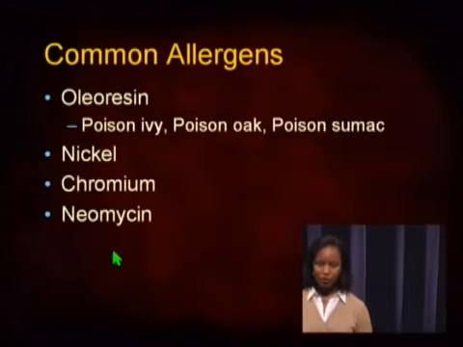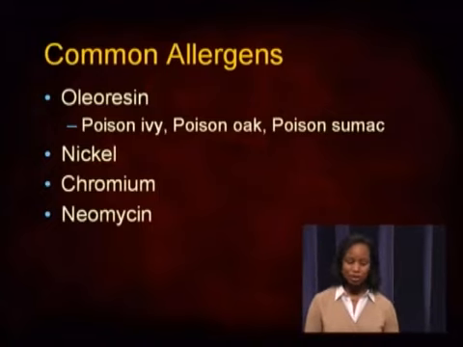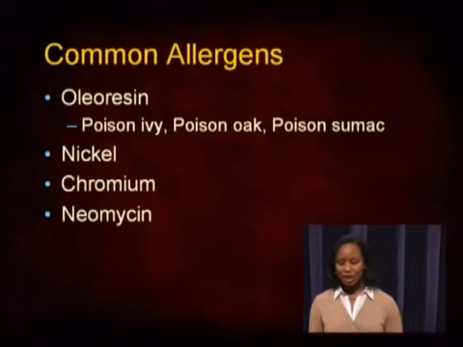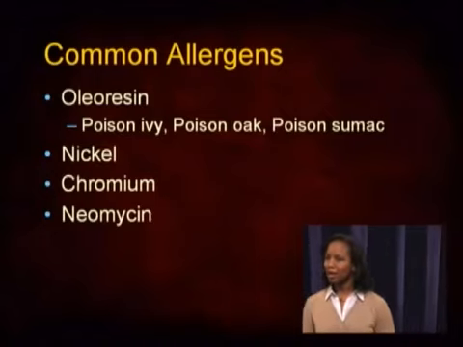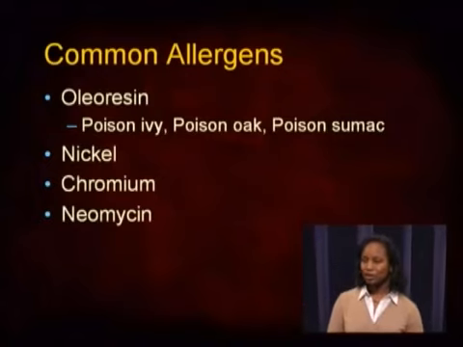So just to get an idea for common things that patients are allergic to, oleoresin is the allergen that's found in poison ivy and poison oak and poison sumac. But just to realize that not everybody has an allergy to oleoresin.